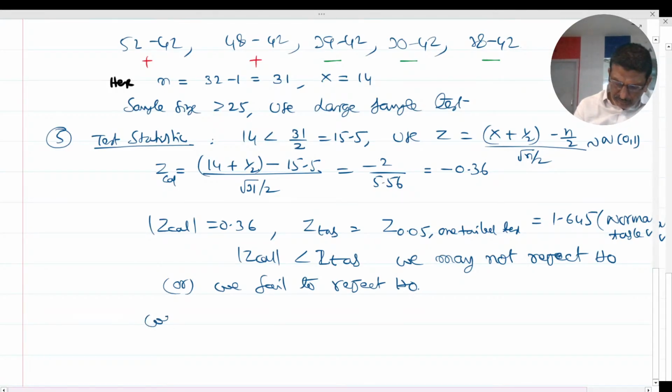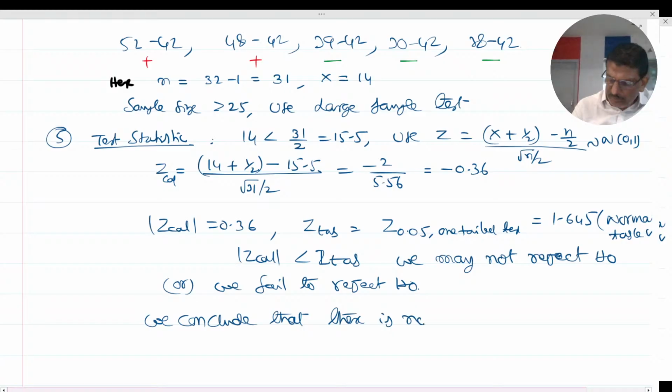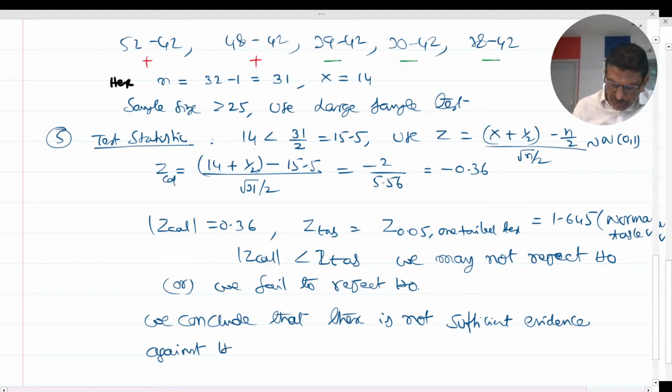We conclude that there is not sufficient evidence against H naught, the population median age of at least 42 years.